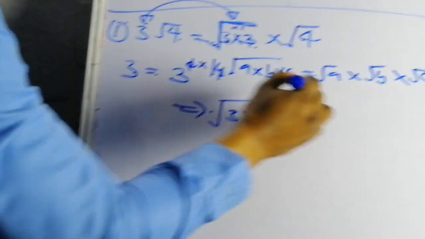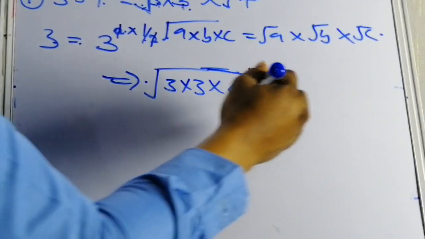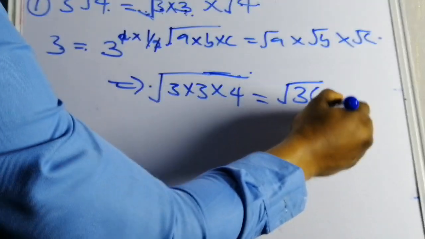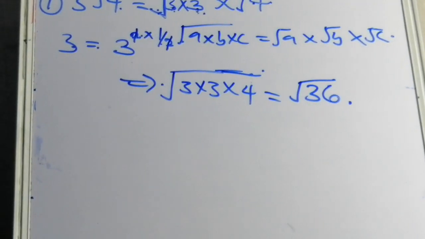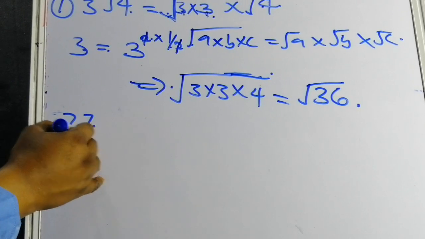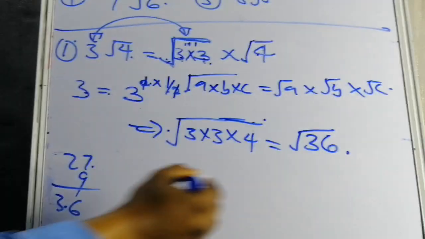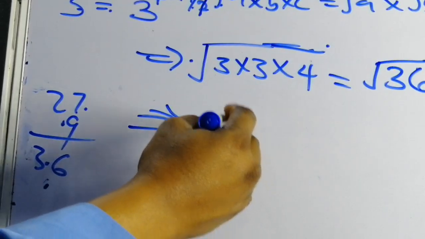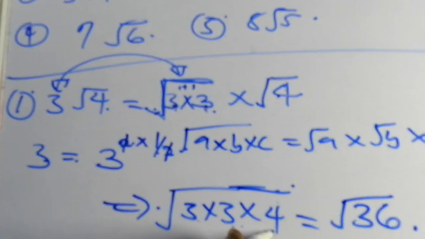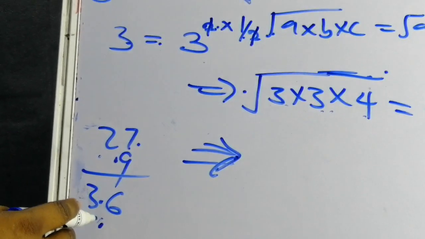9 times 3 is 27, plus another 9, that is 36, if I'm not mistaken. So 3 times 3, 9. 9 times 4, 36. I'm just doing this calculation for me to know whether I'm correct.